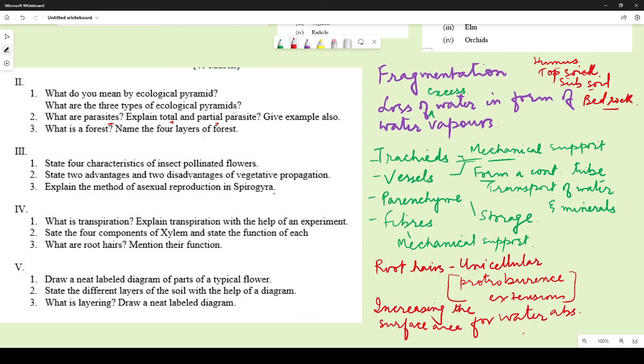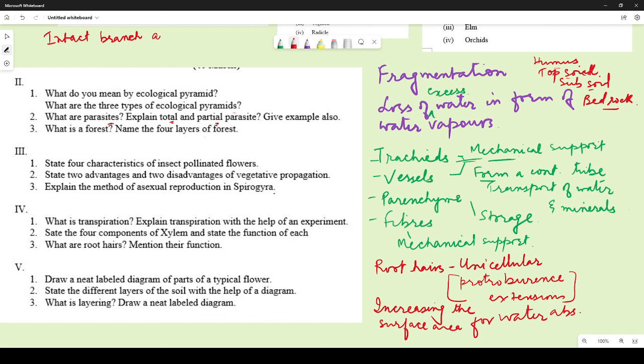And then what else is there? What is layering? The last question. What is layering? And draw a neat labeled diagram. So layering is when you take an intact branch. That means you do not remove it, right?